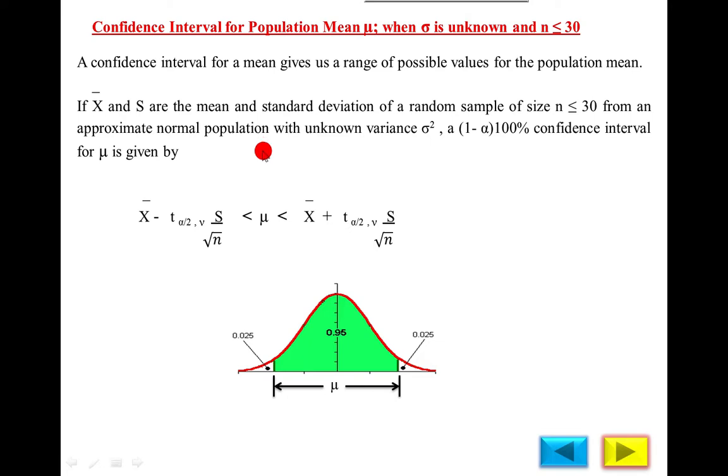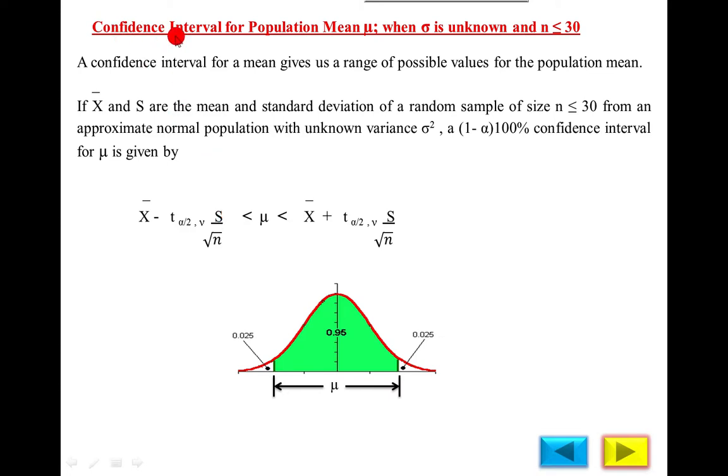We test the population mean with the help of the sample. Mu is the parametric value. Parameter means population value: population mean, population standard deviation, etc. And x bar, sample mean, sample standard deviation is called statistic.